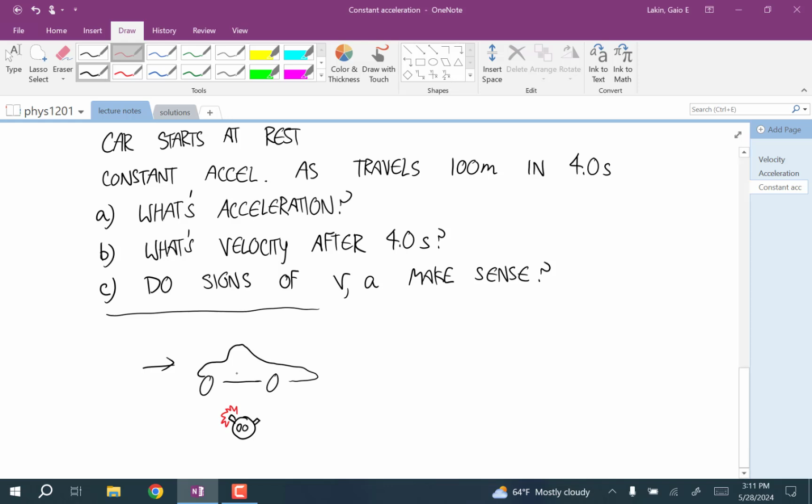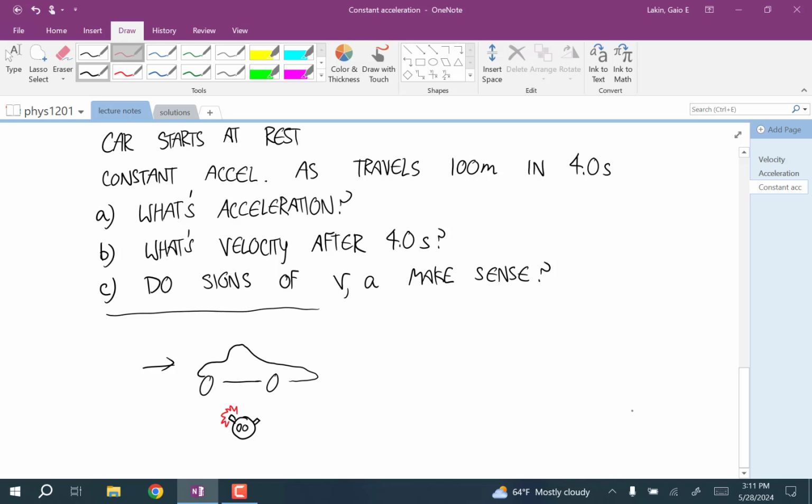At this instant, our time is 0. The position is 0. It's at rest. It says the car starts at rest. So based on what we're given, we know that the velocity is also equal to 0.